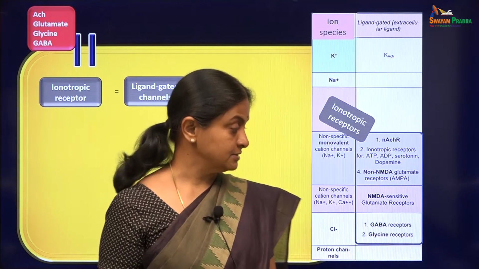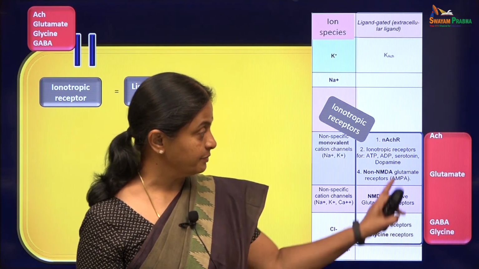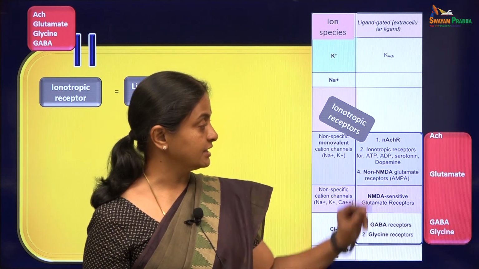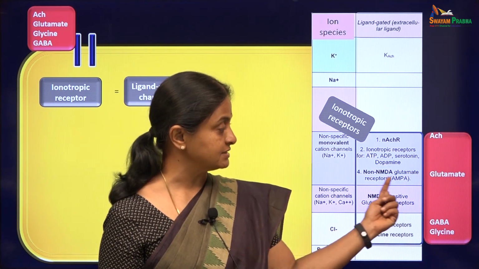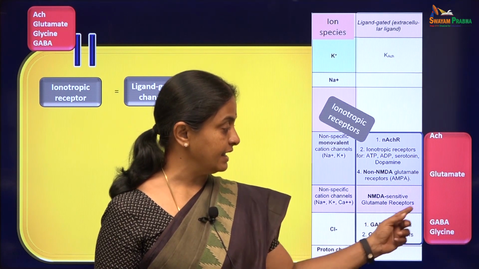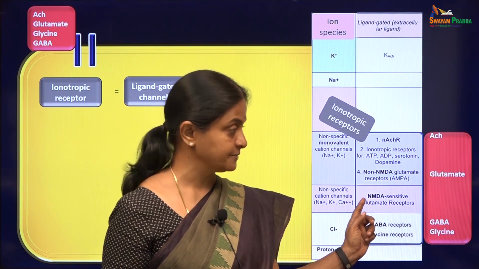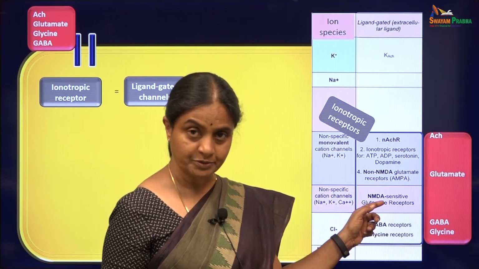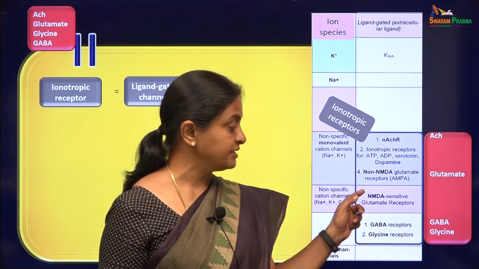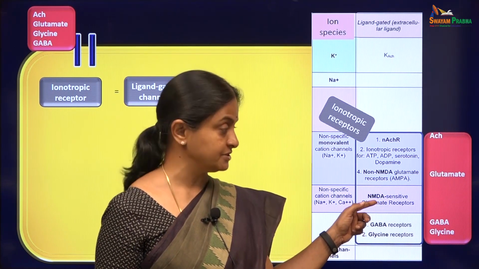So these ligands appear here in the table. Acetylcholine is the ligand for nicotinic acetylcholine receptor. Glutamate is the ligand for non-NMDA and NMDA sensitive receptors. Both of these are glutamate receptors. The natural ligand is glutamate, and NMDA is a blocker for this type of receptor.